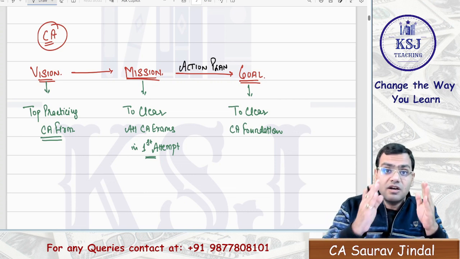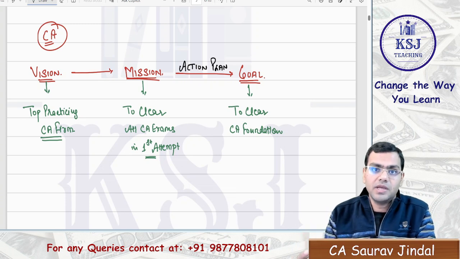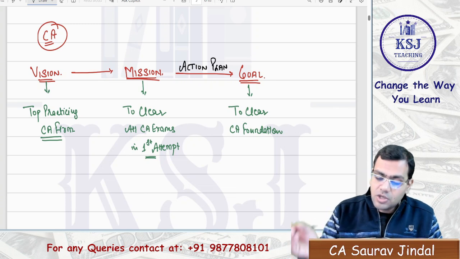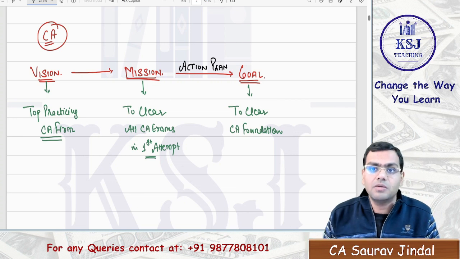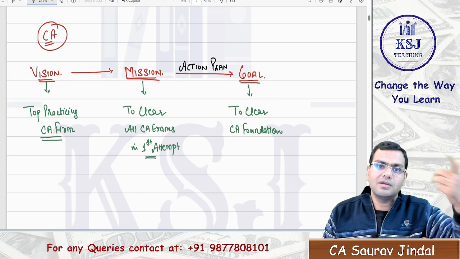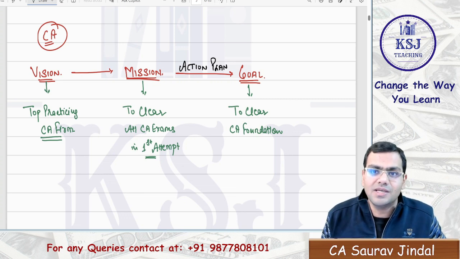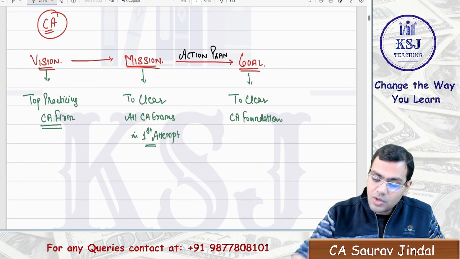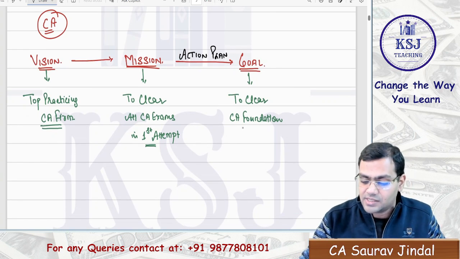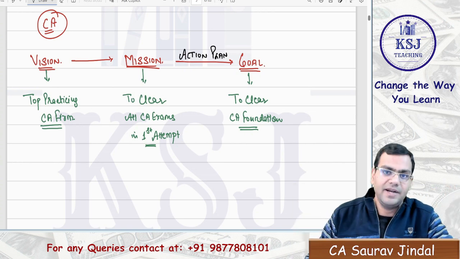You are converting your vision and mission into the action plan now, because without an action plan you won't be able to attain your mission, and ultimately if your mission is not attained, how can you reach your vision, right? Can you say that without clearing the CA exams you will make one of the best practicing chartered accountancy firms? No, isn't it? So the goal is to clear the CA foundation exam. This is what you have defined.